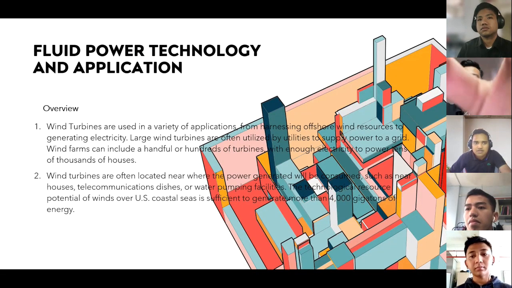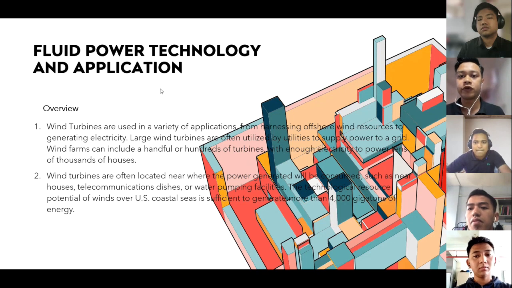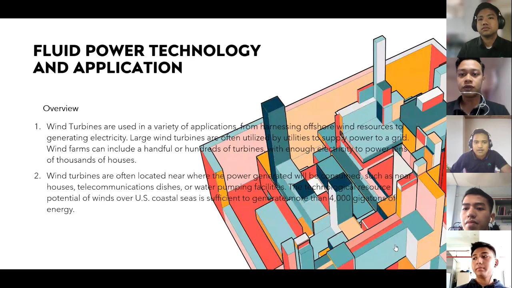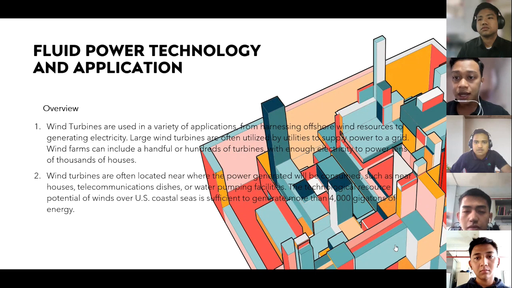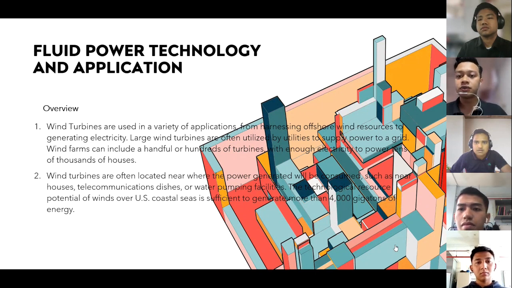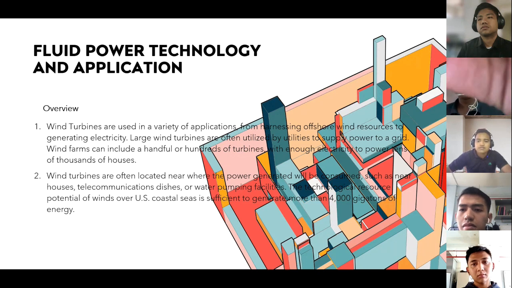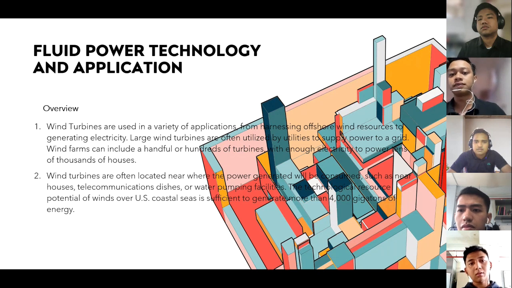Good morning, everyone. Today I will explain about fluid power technology and its applications. Okay, the overview. Wind turbines are used in a variety of applications, from harnessing offshore wind resources to generating electricity. Large wind turbines are often utilized by utilities to supply power to the grid. A wind farm can include a handful or hundreds of turbines, with enough electricity to power tens of thousands of houses.